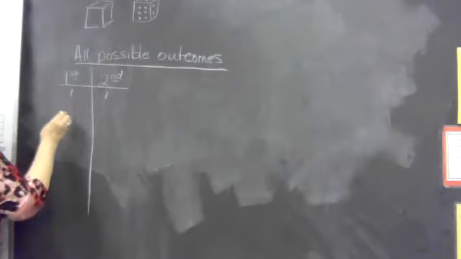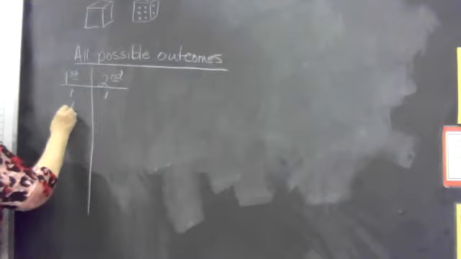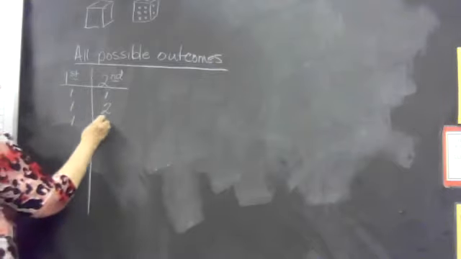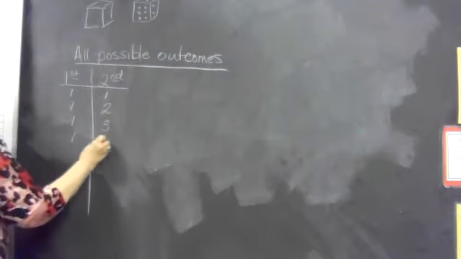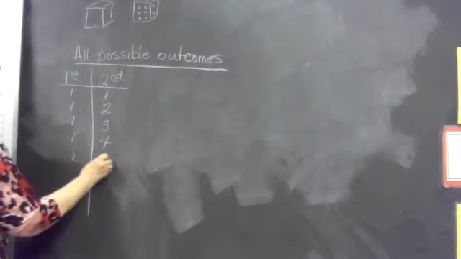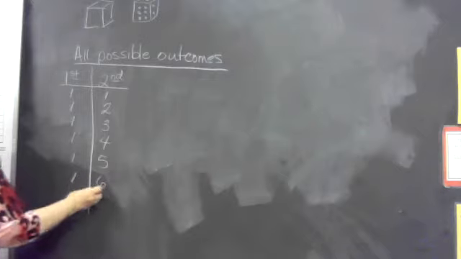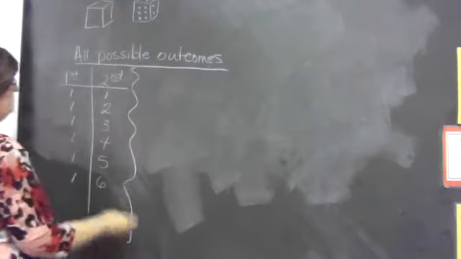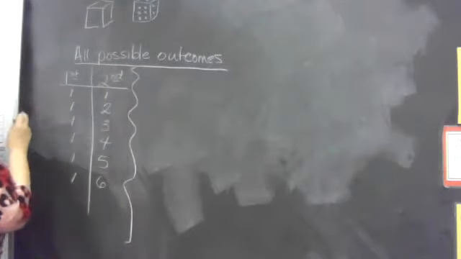We could also, when we threw the dice, get a 1 and a 2 on the second one, or a 1 on the first one and a 3, or a 1 and a 4, or a 1 and a 5, or a 1 and a 6. We can't get a 1 and a 7 because there's not a 7 on here. That's if the first one came up 1.